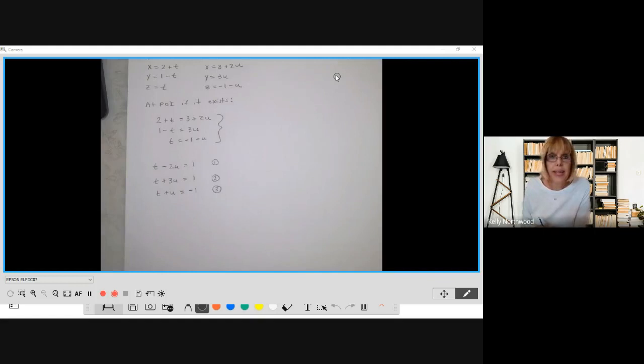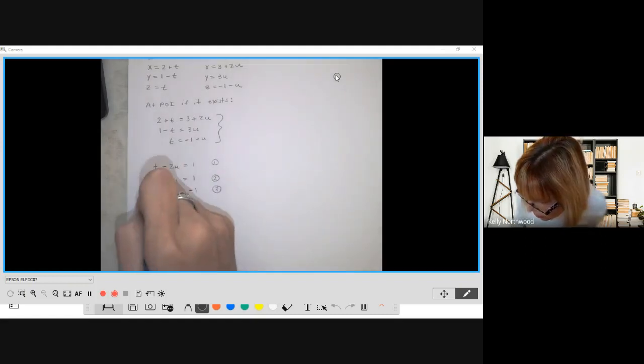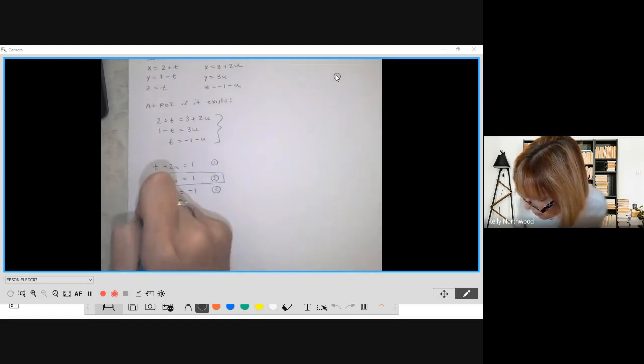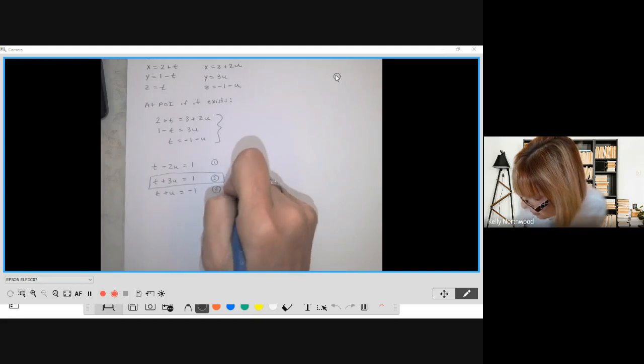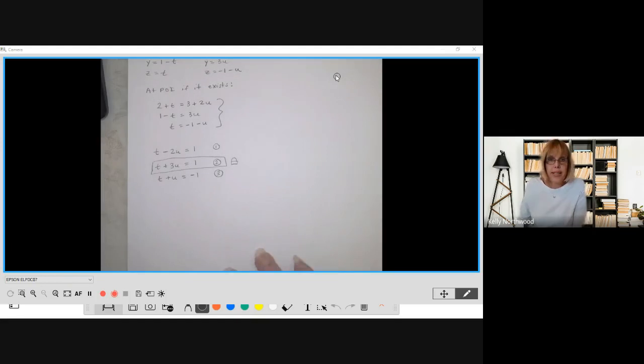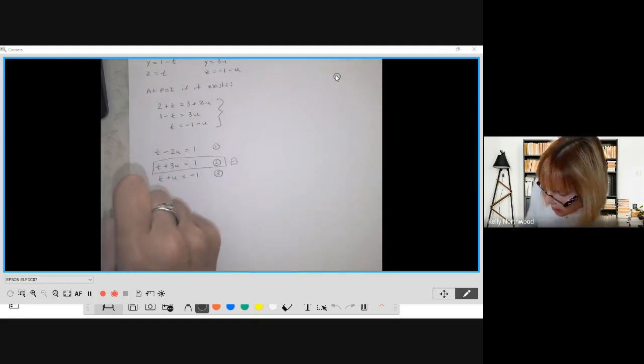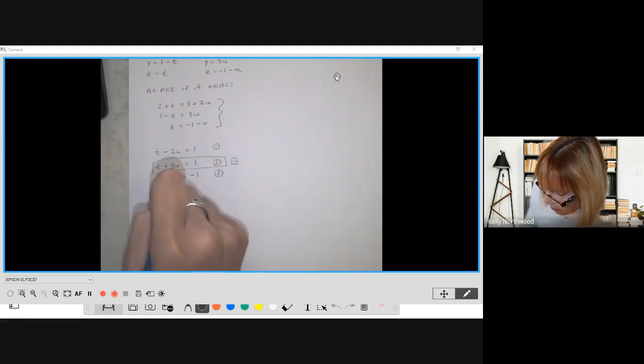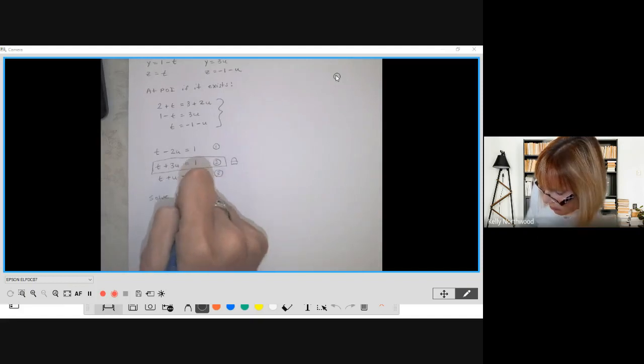All right, does anyone have one they feel like they want to lock up? I'm going to lock 2, just because the 3, all the other numbers look pretty small and easy. So that means we're going to solve 1 and 2. No, 1 and 3, sorry.